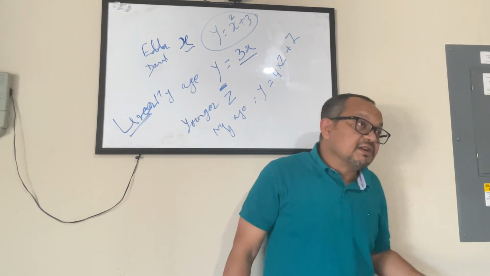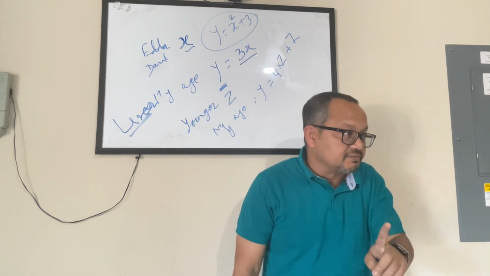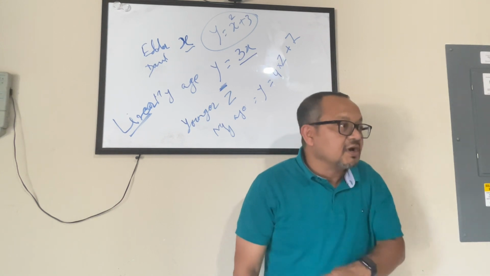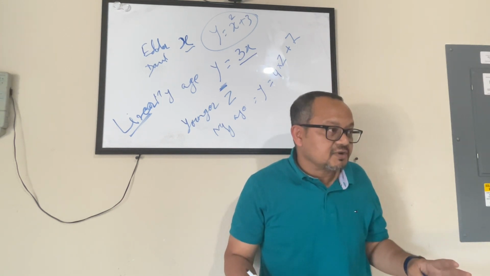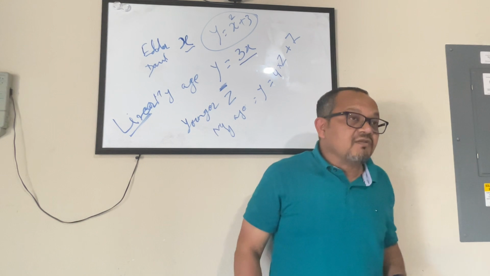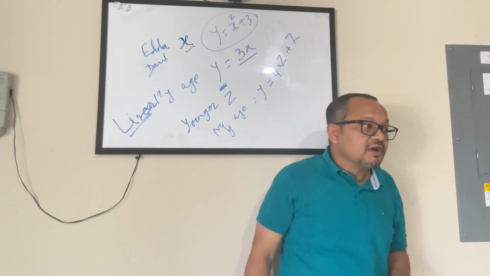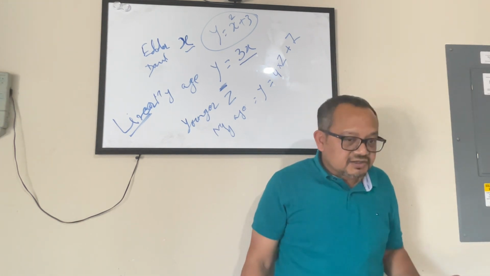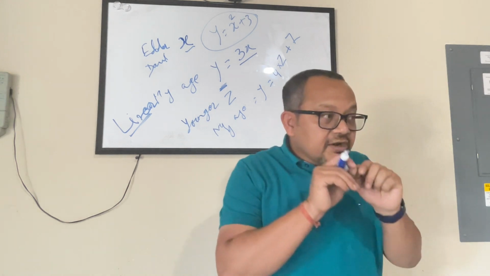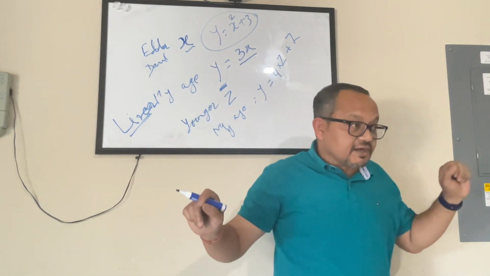Any relationship that has power only as 1 or 0 is a linear relationship. If it has power other than 1 or 0, it is not a linear relationship. It will not draw a straight line.